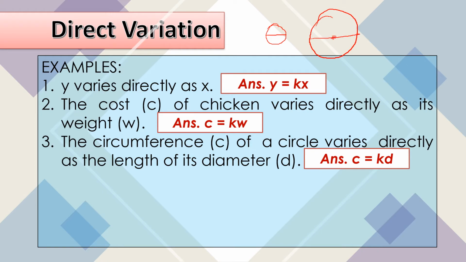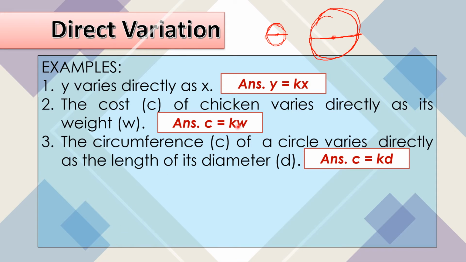For example, ang diameter nito ay ganito lang, therefore ang kanyang circumference, ganito lang din. Then kapag naman mas mahaba, syempre, mas mahaba pa rin yung circumference. Habang tumataas yung isa, tumataas yung isa. Habang humahaba yung isa, humahaba yung isa. So, our equation for this is C equals kD.